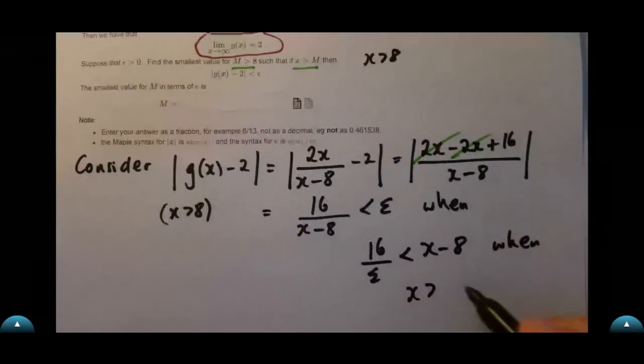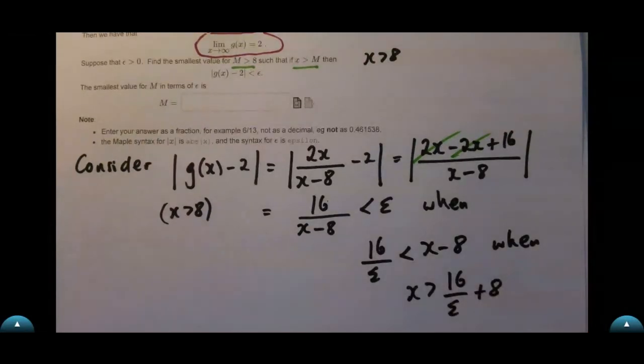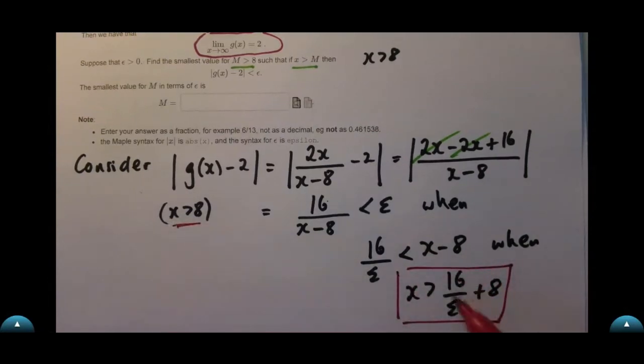So let's go x greater than 16 on epsilon plus 8. That's obviously true, because if this is true, that's definitely true because this is bigger than that, right? You've got 8 plus something.